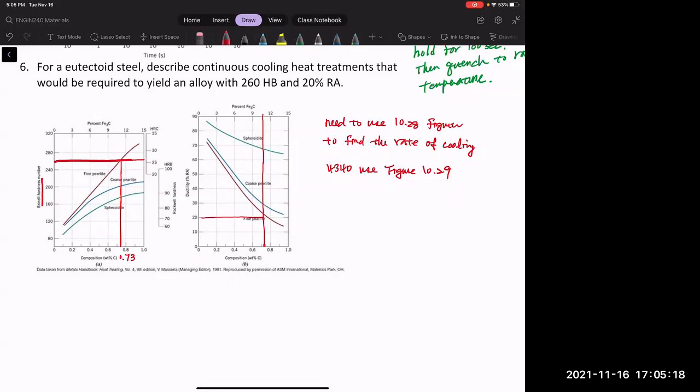You have to increase the temperature to within a range. It cannot be too high, and if it's too low, it's not going to transform into tempered martensite. That is how you can create tempered martensite.